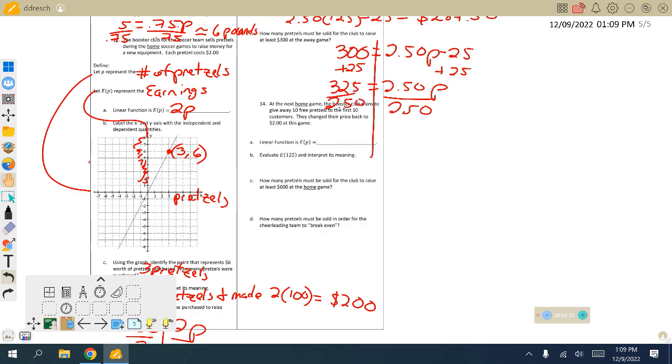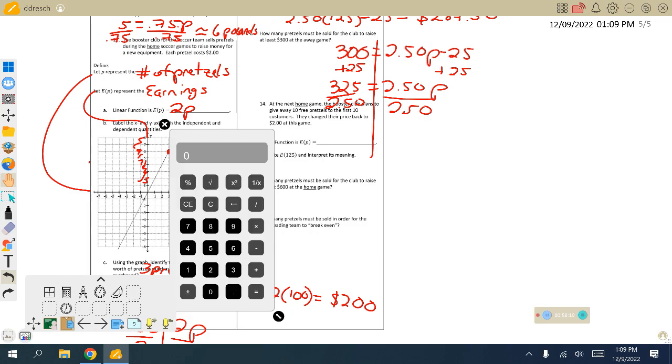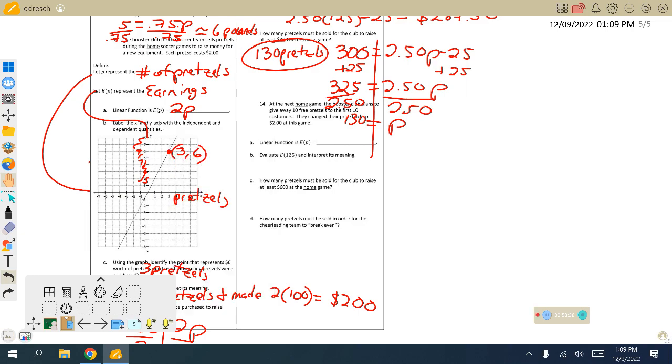And when I go to my calculator, 325 divided by 2.5, this answer should have been 130. 130 pretzels on hand. Okay? 130 pretzels. Up to that point, we've been doing those for a couple of weeks.